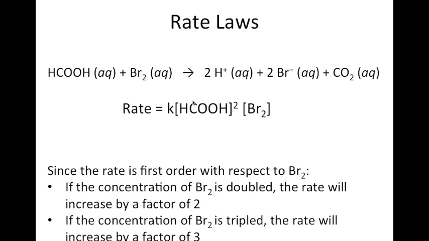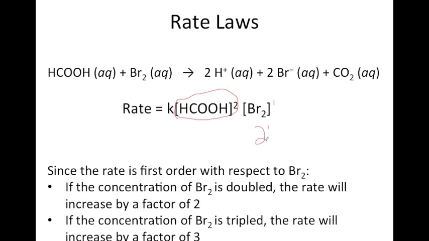Now the bromine, we said, is first order with respect to bromine because there's an assumed 1 exponent here. So that tells us if we double the concentration of bromine while holding the concentration of the other reactant constant, 2 to the first power would give us 2.